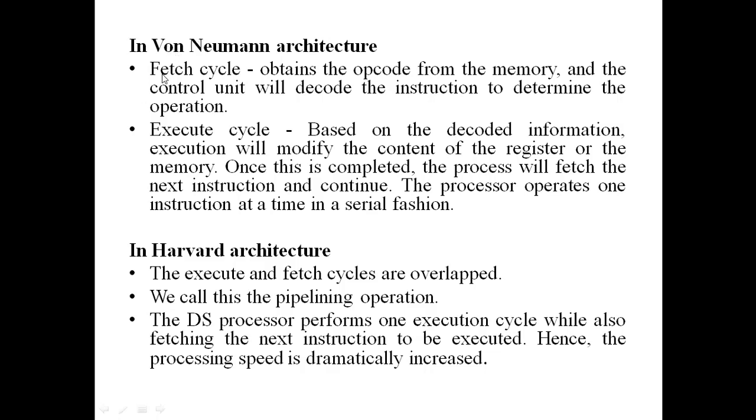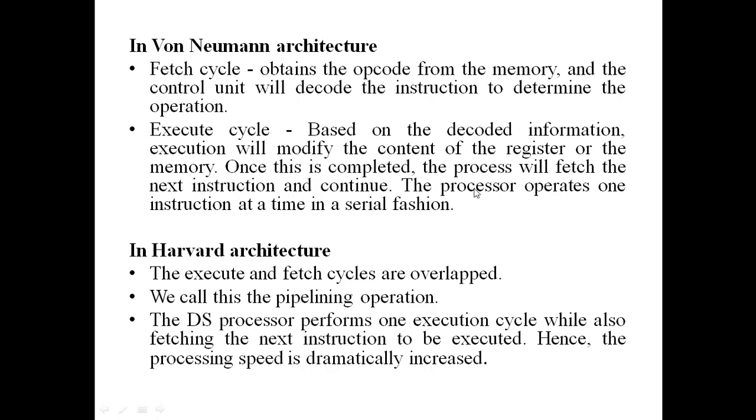So basically we have two cycles: one is the fetch cycle and the other one is the execute cycle. The fetch cycle obtains the opcode from the memory, and the control unit will decode the instruction to determine the operation. Whereas in the execute cycle, based on the decoded information, execution will modify the content of the register or the memory. Once this is completed, the processor will fetch the next instruction and continue.